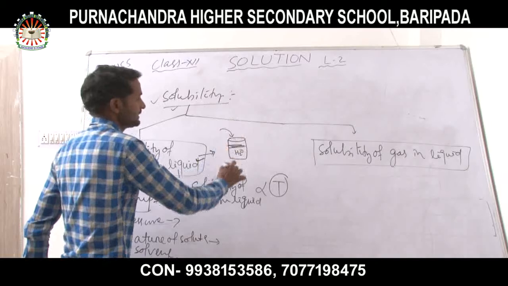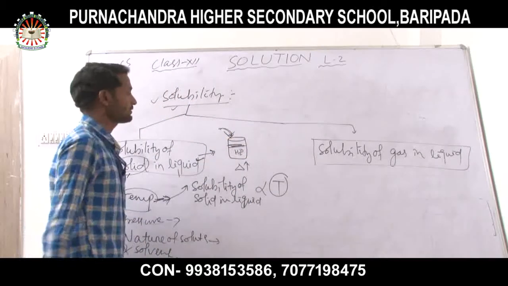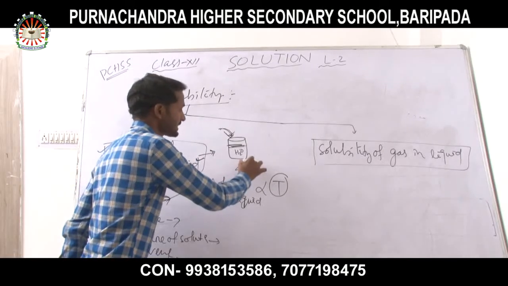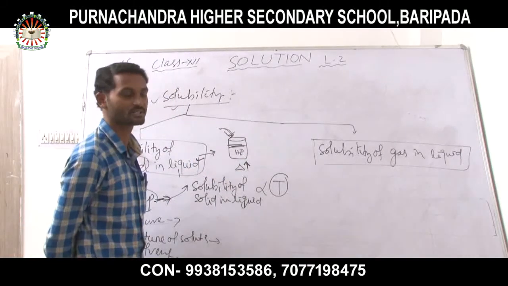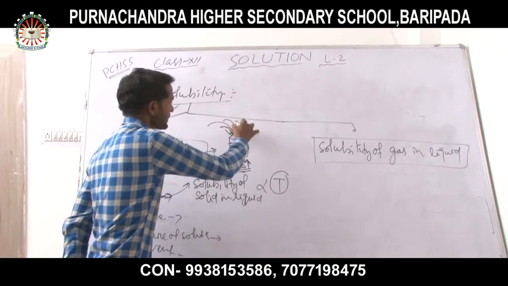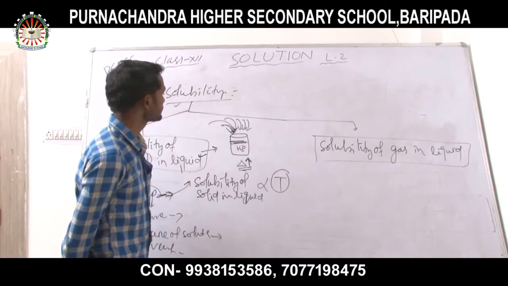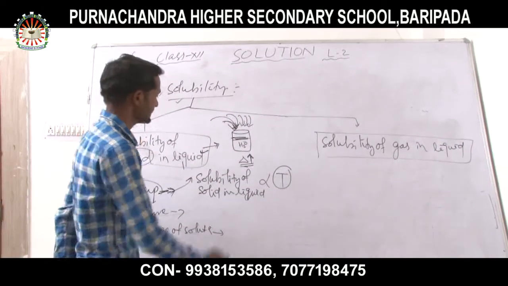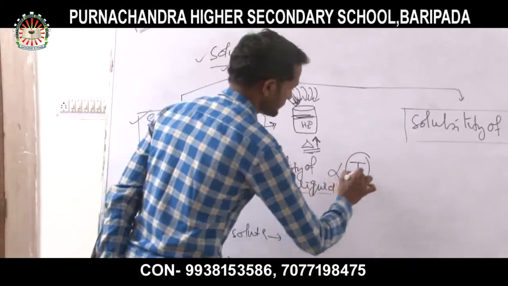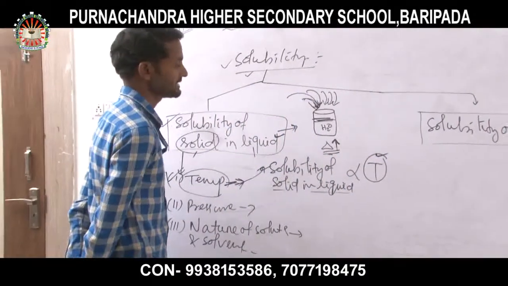But you can add a larger amount of sugar by heating, that is, by increasing the temperature. If you increase the temperature, more sugar can be added to the solution. Like that, the solubility of a solid in a liquid rises with the rise in temperature.